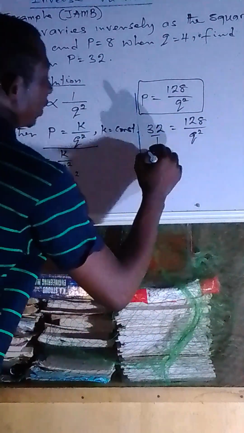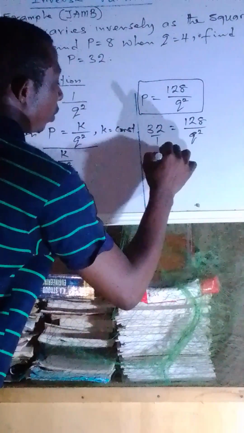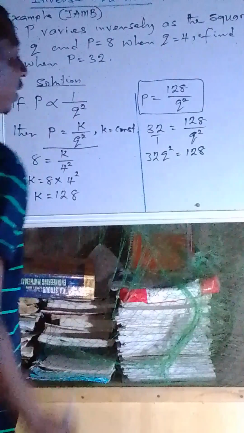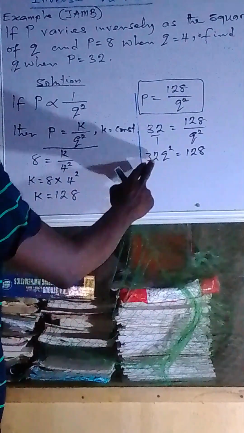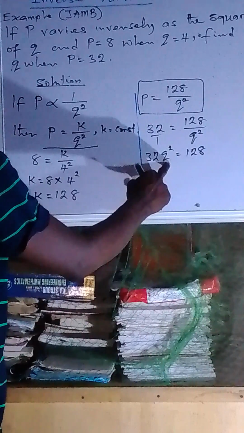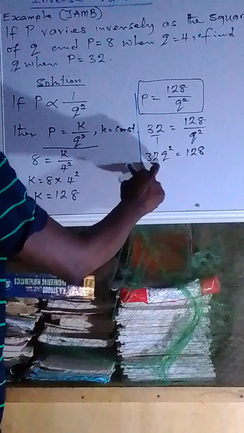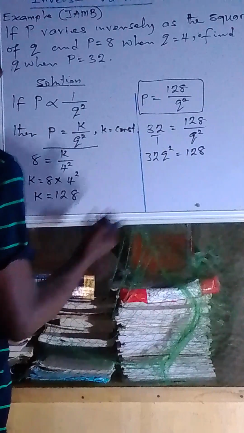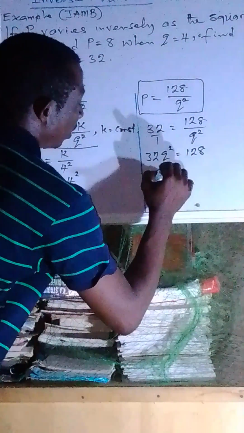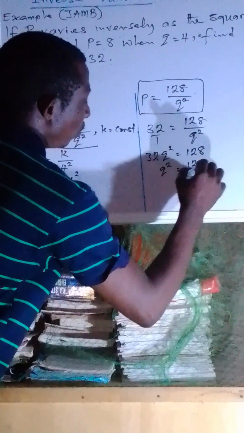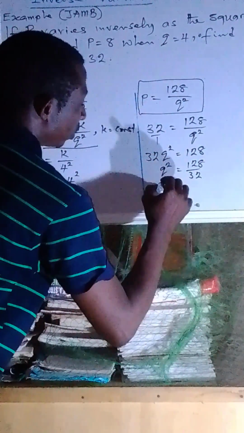So we have 32 Q square equals to 128. You divide both sides by the coefficient of what you are looking for, which is Q square. The coefficient of Q square that I'm looking for is 32. So I'll divide both sides by 32. If I do that, I'll be having Q square equals to 128 over 32.